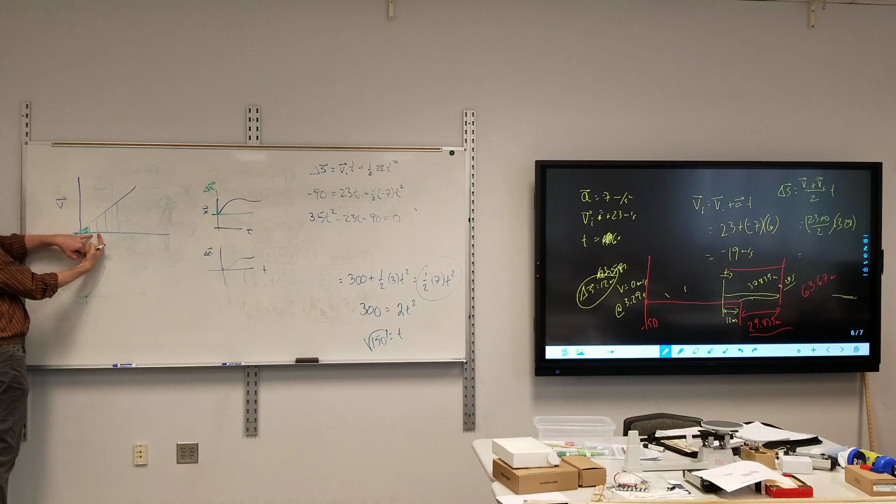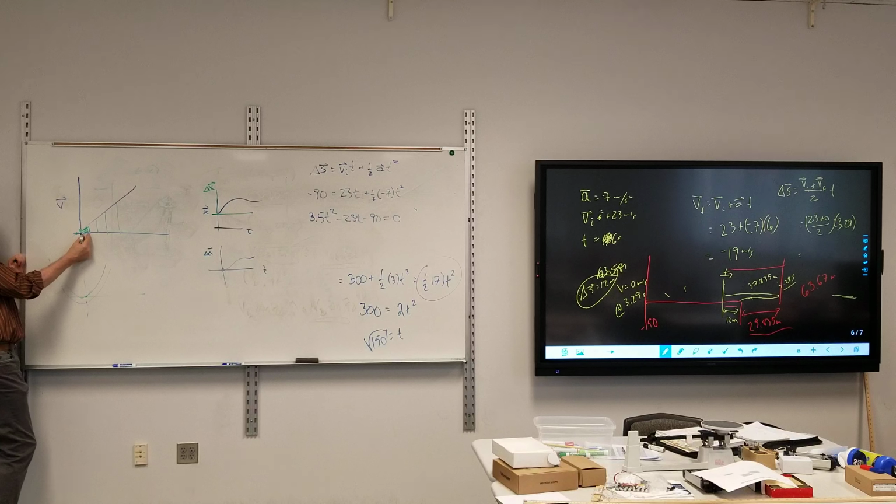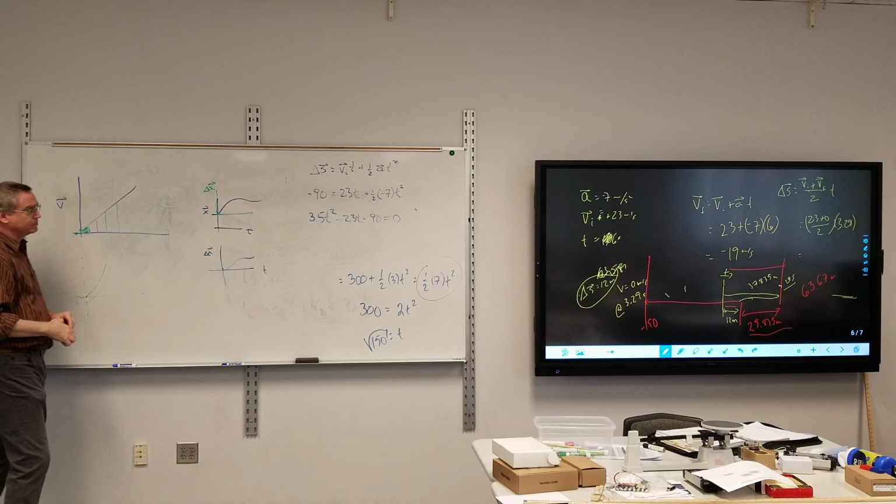If I do the same time segment, this total area is more than double that. So this is not a straight line. So the area under the curve is increasing faster than time is. So again, parabola.